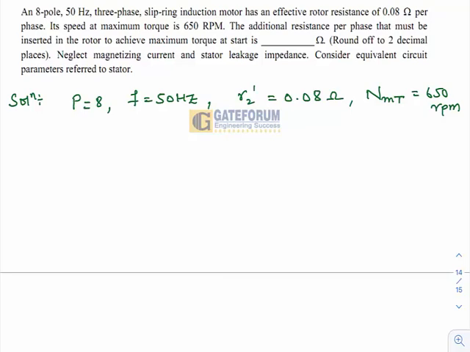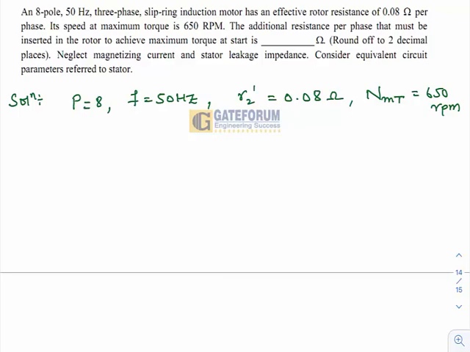Then they are telling that the additional resistance per phase that must be inserted in the rotor to achieve maximum torque at the starting. So what resistance I need to insert to achieve maximum torque at the start?